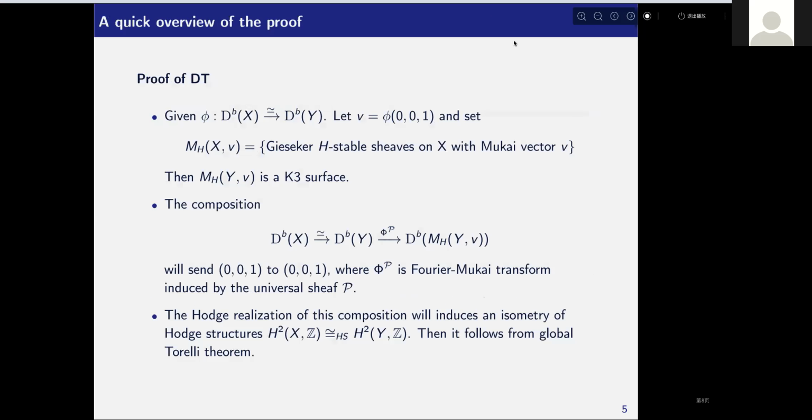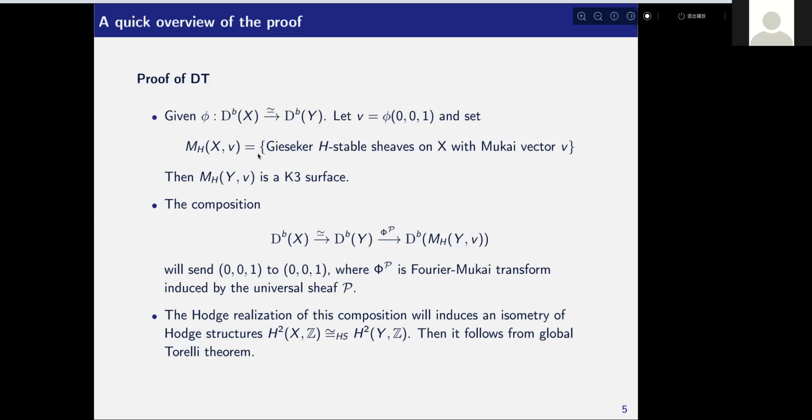So let's give a quick overview of the proof. For the derived Torelli theorem, the idea is as follows. Given some derived equivalence phi, it induces a map on the Mukai lattices. We take the image v of (0,0,1), and then we can use the theory of moduli spaces of sheaves.